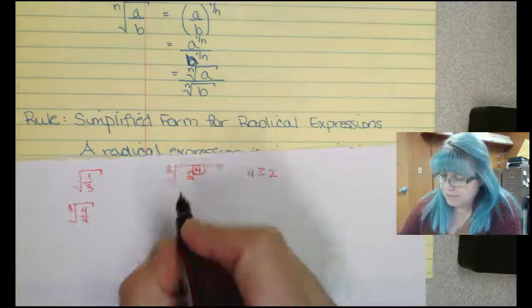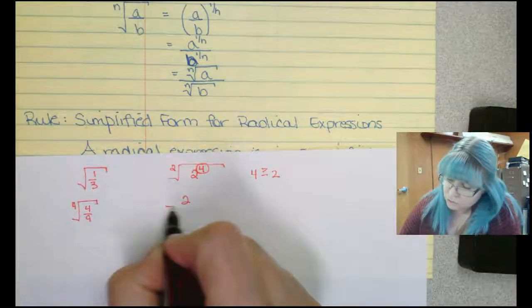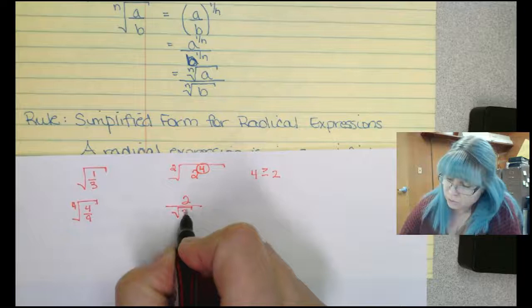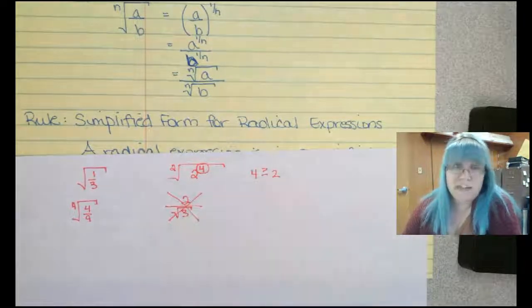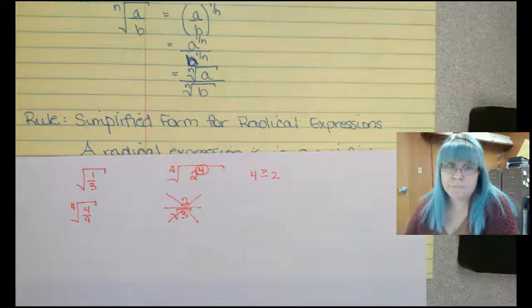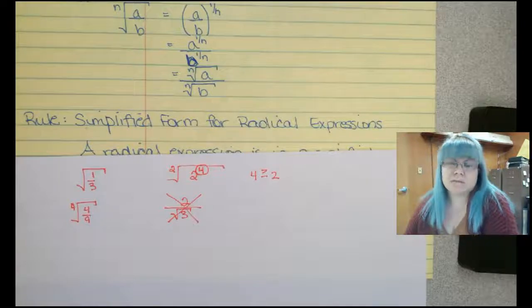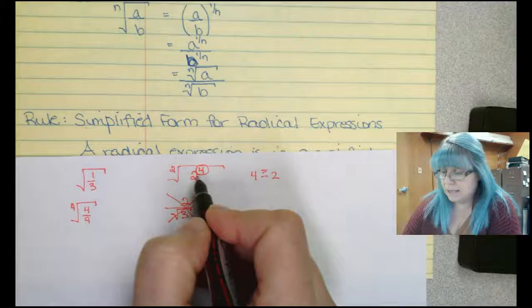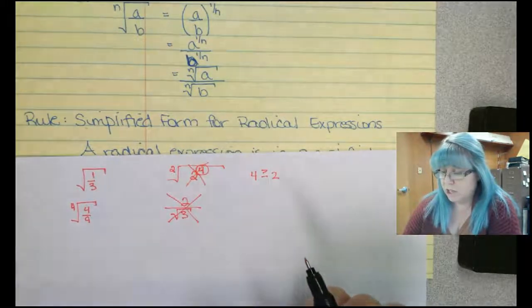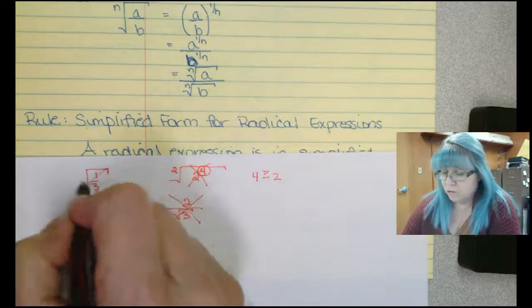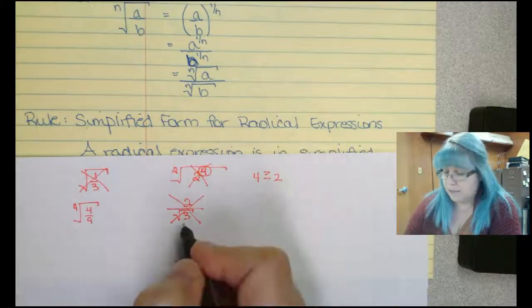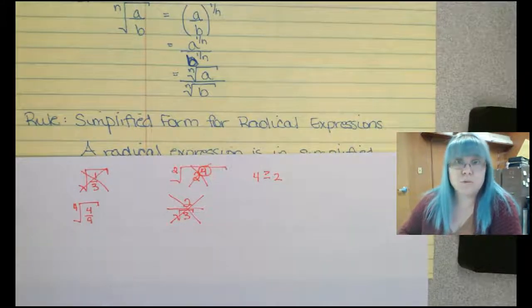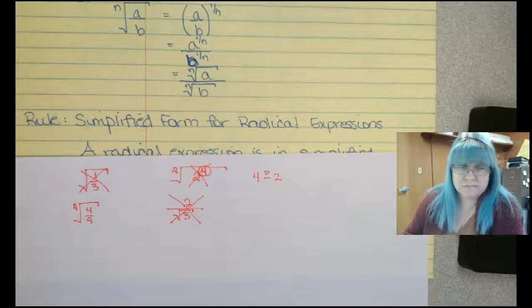If we have something that looks like 2 over square root 3, we don't want that. That's not in simplified form. And there are steps that we can do to eliminate the power being larger under the radical symbol, no fractions underneath there, and also no radicals in the denominator.